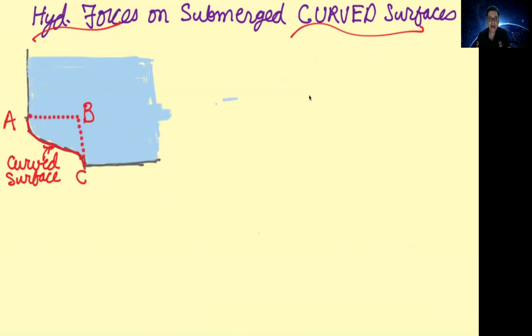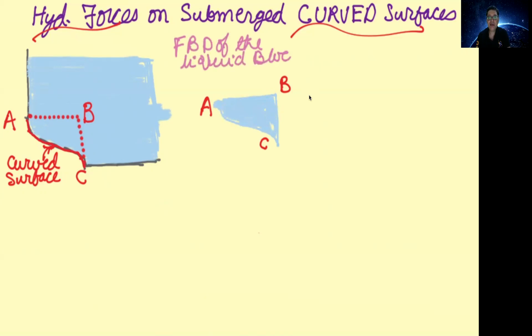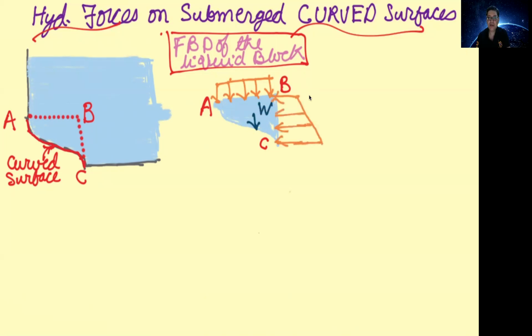We take the fluid corresponding to this ABC as shown here, where AB is the horizontal projected area of the curved surface, BC is the vertical projected area. So we can take a liquid block corresponding to ABC, where AB is like a horizontal fluid surface, and on a horizontal surface we know the pressure distribution is uniform as shown here, and on a vertical surface the pressure distribution is linear as shown here.